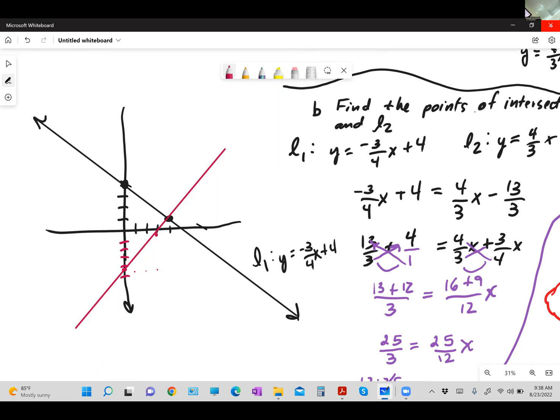You see that? So line 2 is L2, I already wrote it. It's 4/3 x minus 13/3. This here is your point of intersection. Now they want us to find a distance from 7, 5.